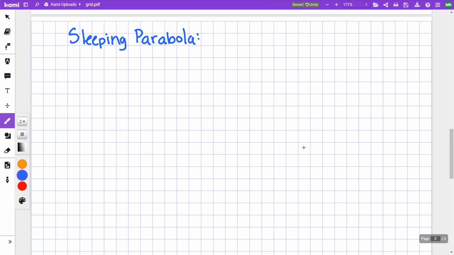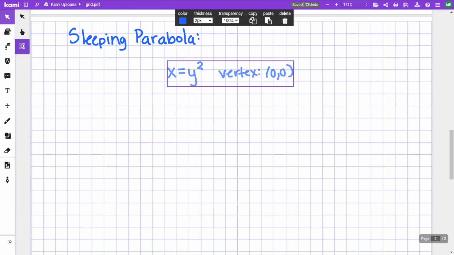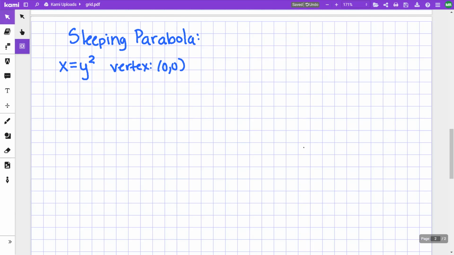And the most basic one is going to be x equals y squared, where our vertex is at 0, 0.